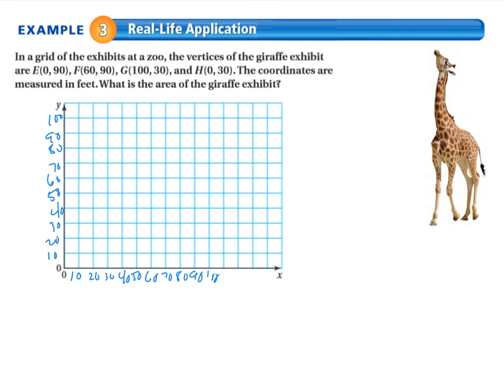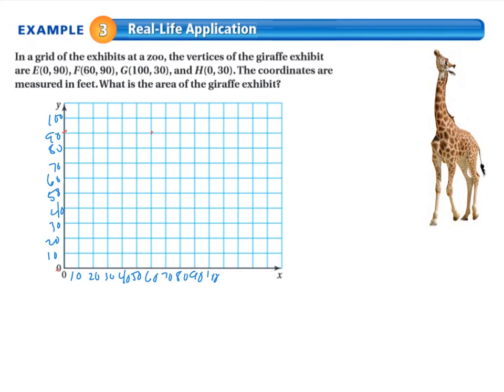Okay, so now I'm going to plot my points. Remember, start at the origin. E is 0, 90. So I'm going to go across 0, and up to 90. Right there. F is across 60, up 90. Okay, so across 60, up 90. That is right there.